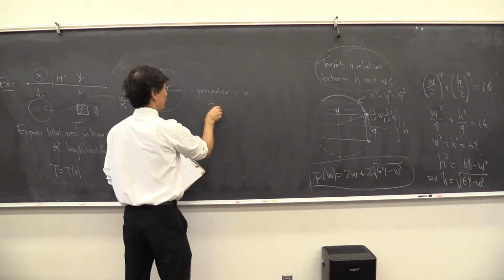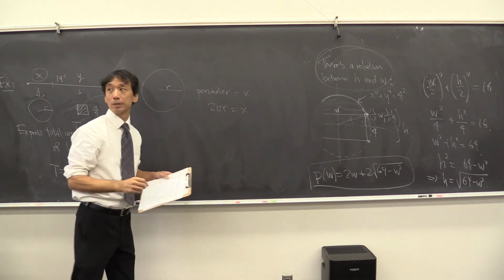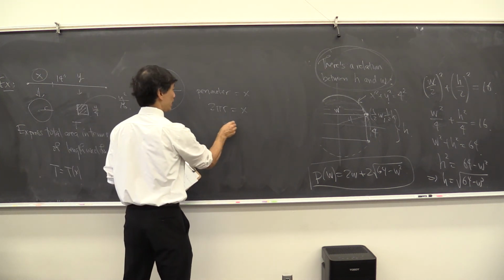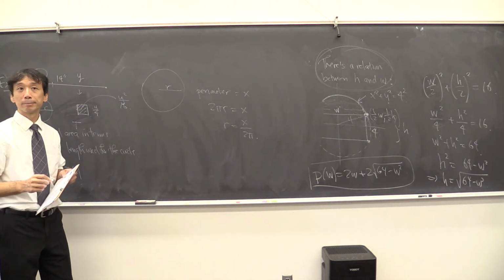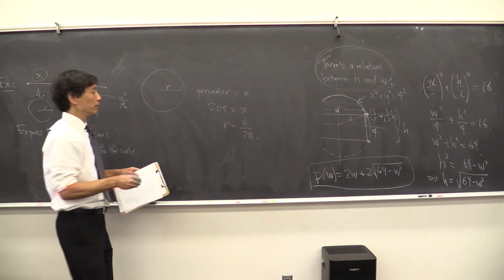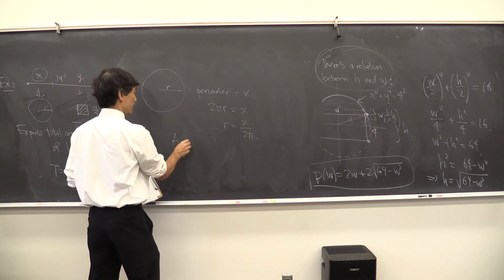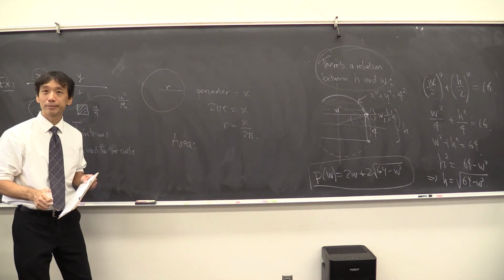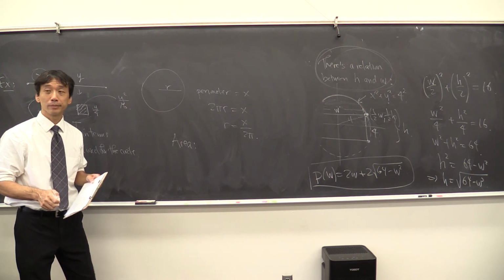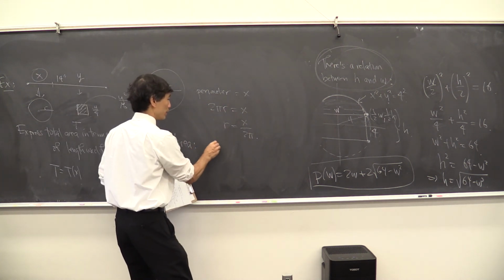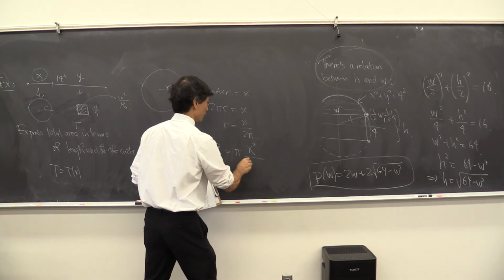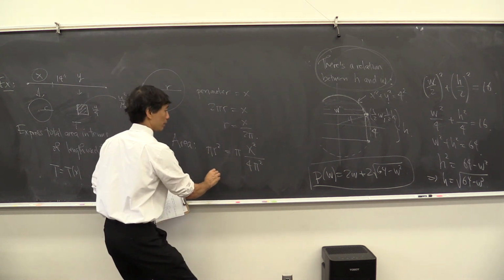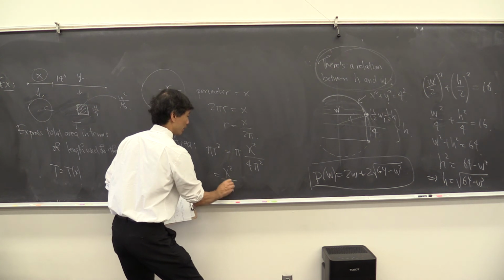Pi times the diameter, and so 2 pi r equals x. Right? So that tells us that the radius is going to be x over 2 pi. Right? So what's the area of the circle? Area of the circle is going to be pi r squared, so you get pi times x squared over 4 pi squared, okay? Which is x squared over 4 pi.